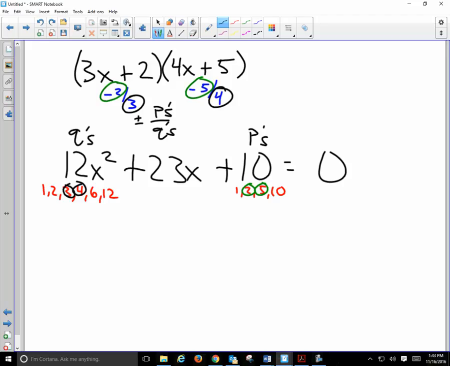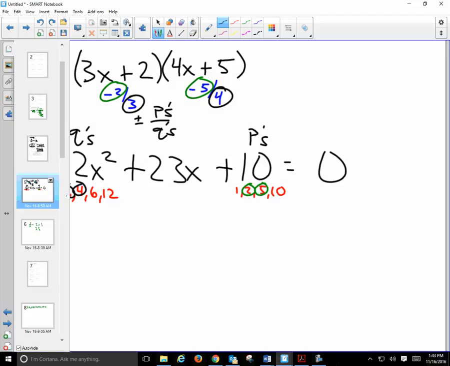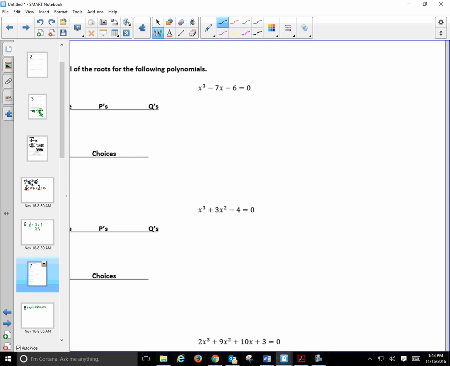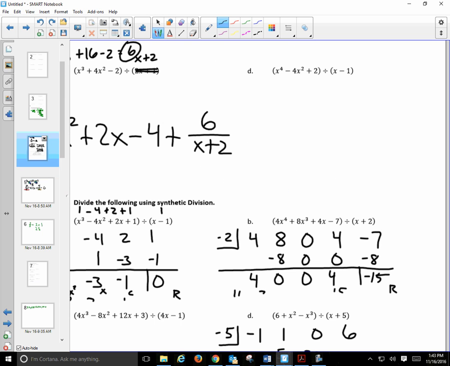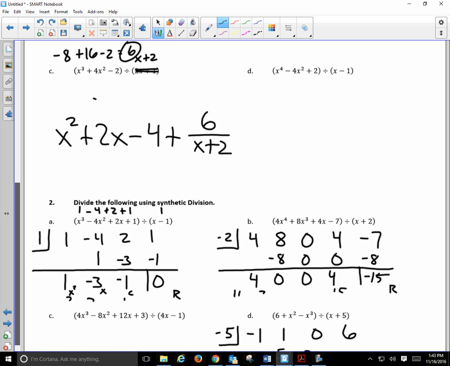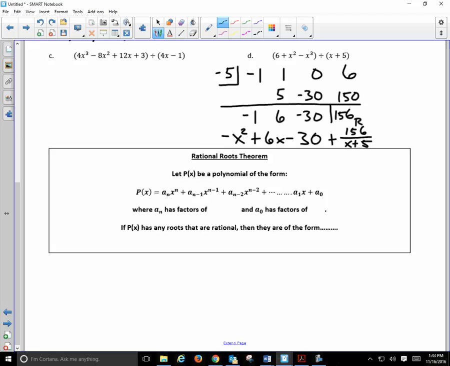Remember that? A little bit? So trust me, when we do 3 examples of this, you'll feel better about it. But here's the theorem. This is the rational roots theorem. And it says, let p of x be a polynomial of this form. And the really important thing to pay attention to is the a sub n up front. That's your front coefficient.